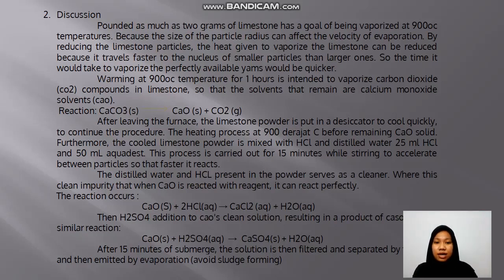This process is carried out for 25 minutes while stirring to accelerate reaction between particles so that it reacts faster. The distilled water and HCl present in the powder serve as a cleaner, cleaning impurities so that when CaO is reacted with the reagent it can react perfectly.